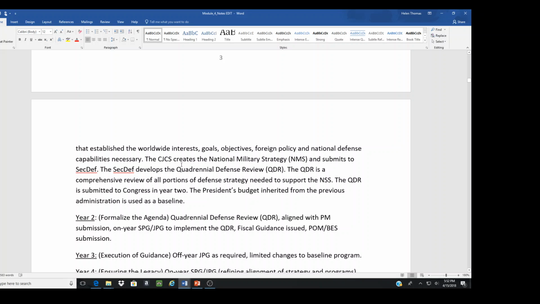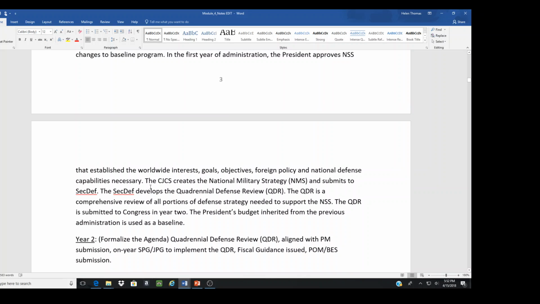So we talk about here in the new, when you create a new national security strategy, that's a new national defense strategy, you also have the Chairman of the Joint Chiefs of Staff creating the national military strategy and submitting it to the SecDef, because we get all our policy guidance from the Secretary of Defense. The SecDef develops the Quadrennial Defense Review.